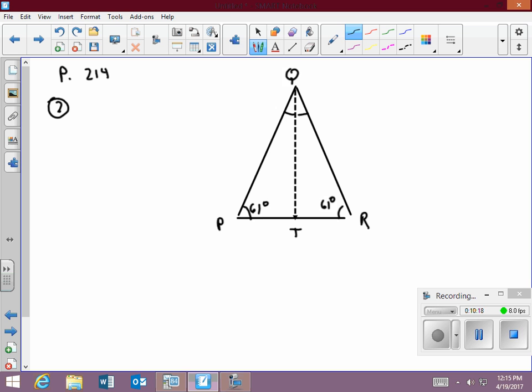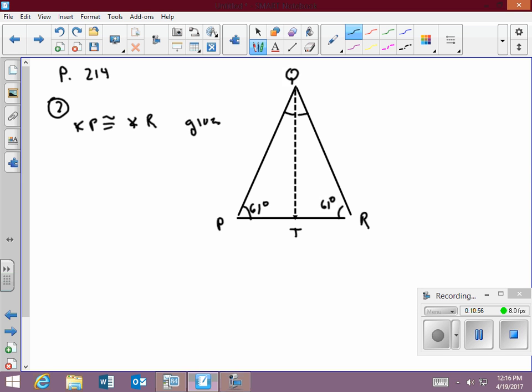What you'd have to do is go back and say, well, theorem 4.7 says if two angles of a triangle are congruent, then the sides opposite these angles are congruent. Now then, that's isosceles. See, P and R are congruent. So you just say angle P is congruent with angle R, and that's given.